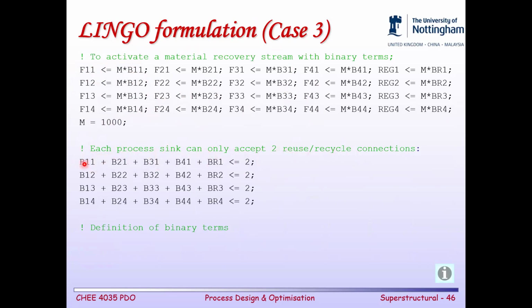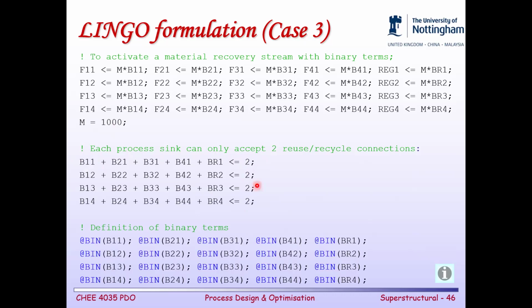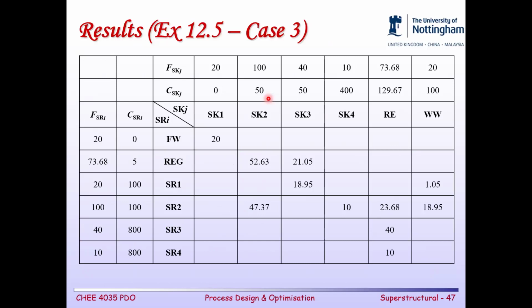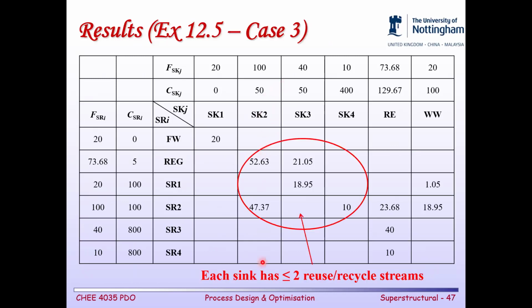So for each sink, the sum of this binary variable should be less than or equal to 2. And then, of course, we have to define the binary terms. And the answer is here. As you can see, each sink, each column here has only a maximum of 2 connections.